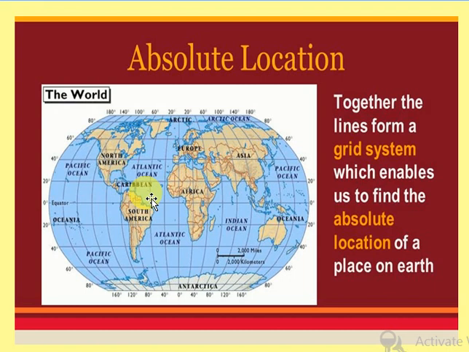So relative location specifies a particular position or place by relating it to another known position or place. So when we take another position or place to know some specific position, that is your relative location.